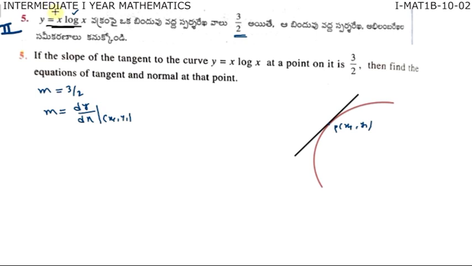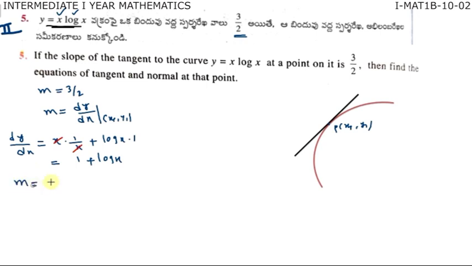So, differentiate this curve both sides with respect to x. Dy by dx is equal to, using the product formula, x times derivative of log x which is 1 by x, plus log x times derivative of x which is 1. Now, x gets cancelled.